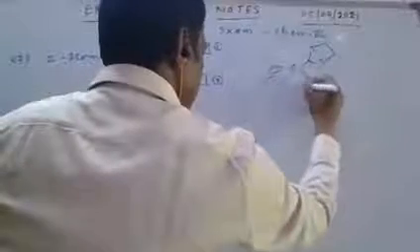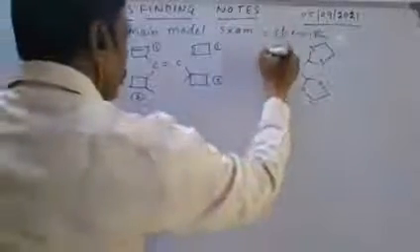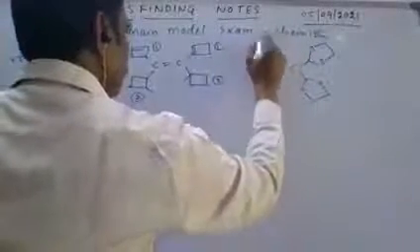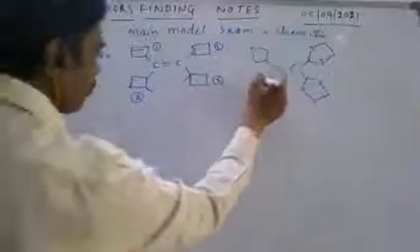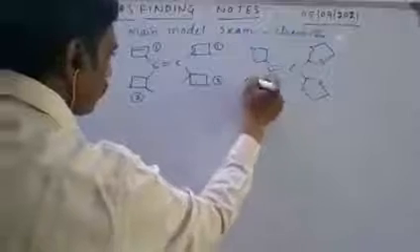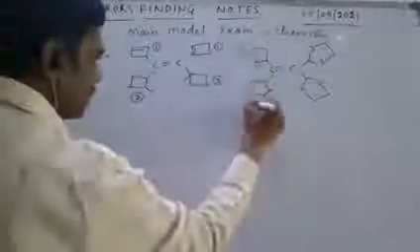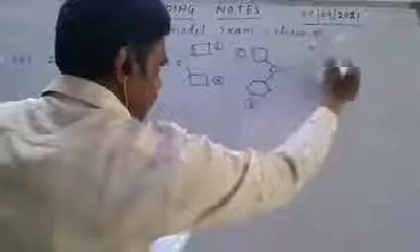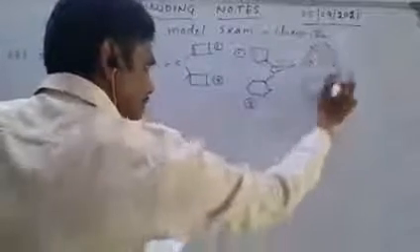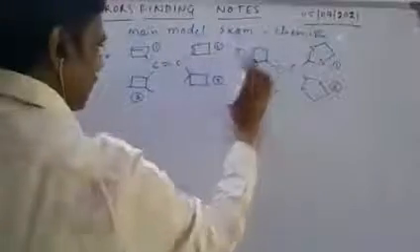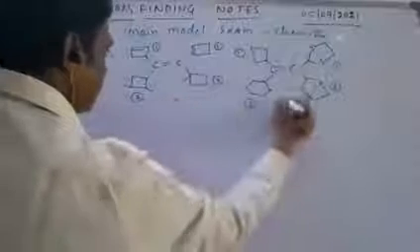Here second one, sulfur atom, oxygen atom. Here first priority, second priority. Sulfur has more atomic number, oxygen has less atomic number. So first priority, second priority, both are Z isomers.